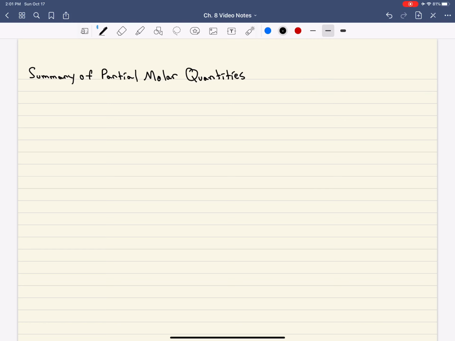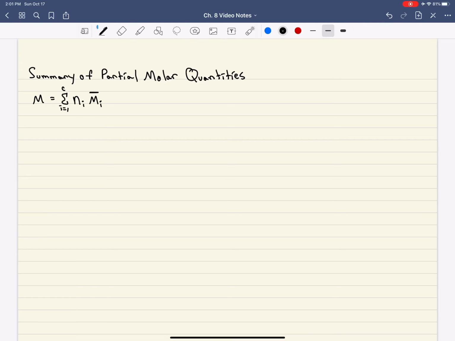We've looked at a lot of different properties of partial molar quantities, and so in this video I just want to summarize the main things that we've identified. If we have an extensive quantity, whether it's volume, enthalpy, or entropy, that extensive quantity for a mixture can be described as the summation of the moles of a particular species in that mixture times its partial molar quantity.